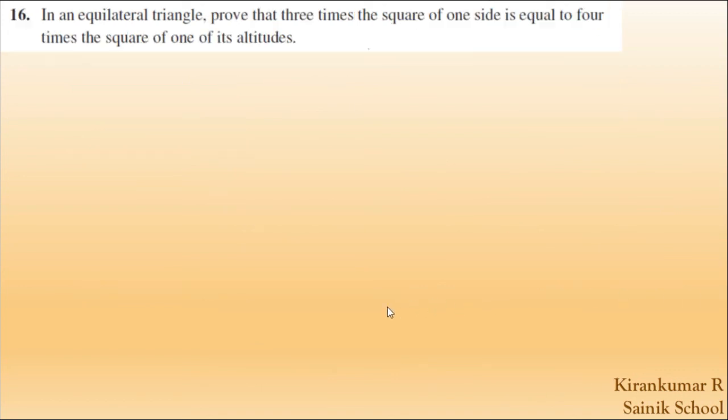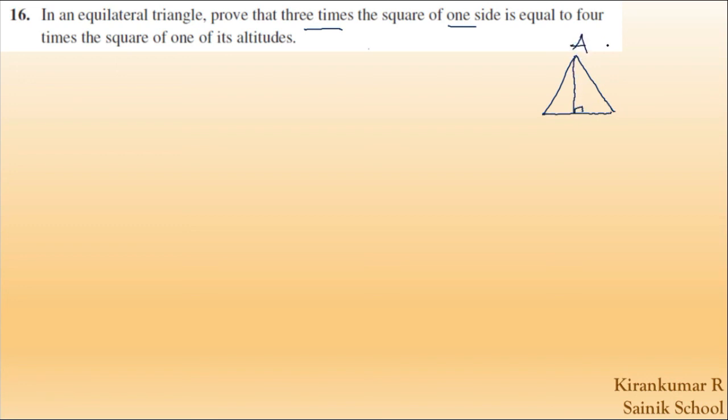Question number 16. In an equilateral triangle, prove that 3 times the square of one side is equal to 4 times the square on its altitude. So we need to consider an equilateral triangle and altitude of the equilateral triangle.